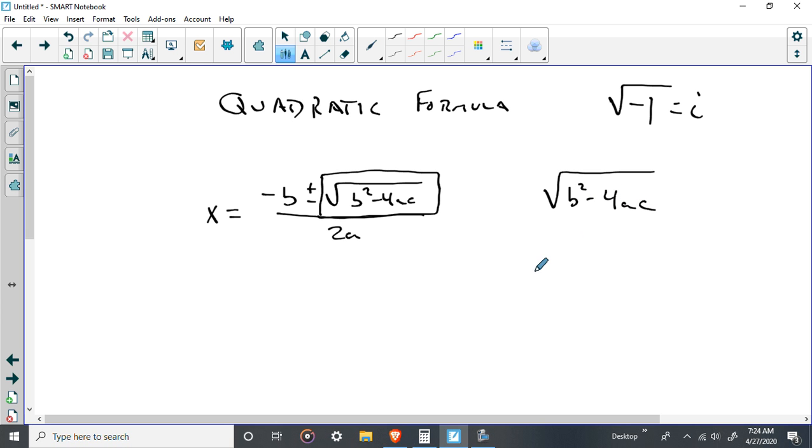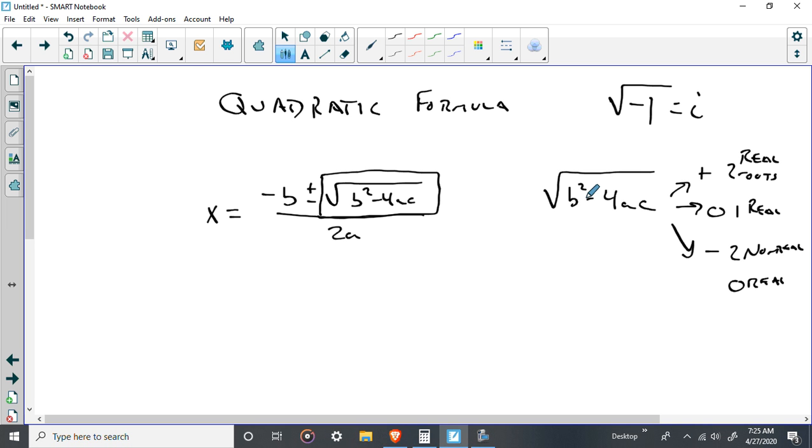Essentially, if I evaluate this, if it is positive, I have two real roots. If it is 0, I have one real root. And if it is negative, I have two non-real roots, or we can also put it as 0 real roots. Again, that's because the number that comes out here is negative. We can't have a negative square root.